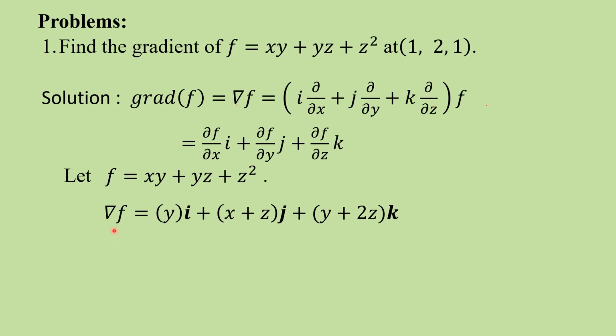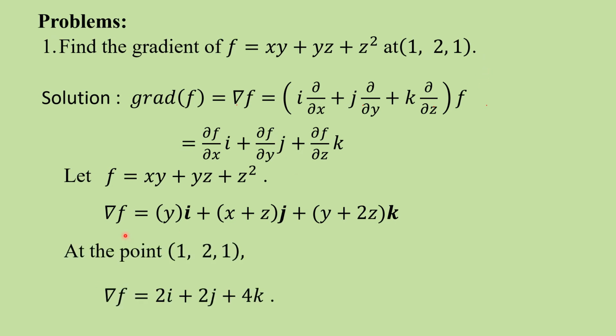Now the gradient of f, that is del f, is equal to y i plus (x plus z) j plus (y plus 2z) k. Now substitute the values x equal to 1, y equal to 2, z equal to 1. At this point the gradient is 2i plus (1 plus 1) 2j plus, sorry, y is 2, so 2 plus 2 into 1, 2 plus 2, 4.